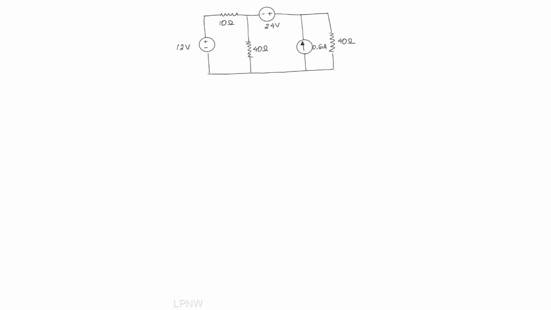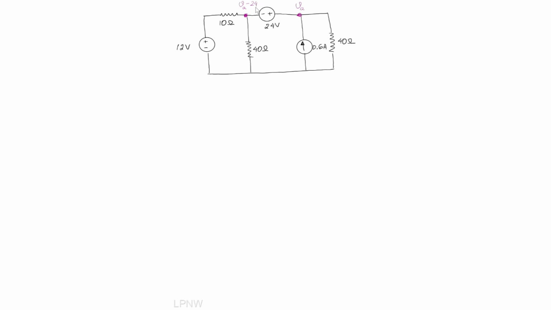The first one, we have a very clear 24 volt source at the top, which has a positive terminal to the right, so let's call the node in here VA. At the negative side, respectively, the nodal value is going to be VA minus 24.